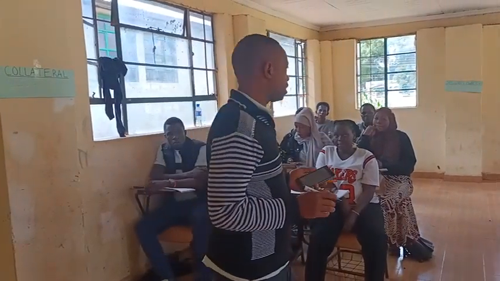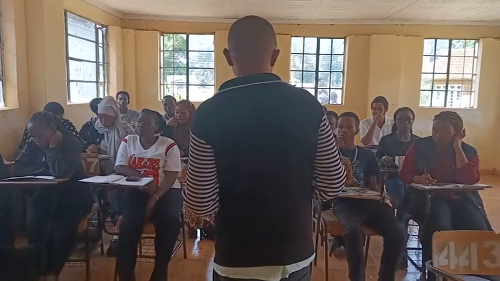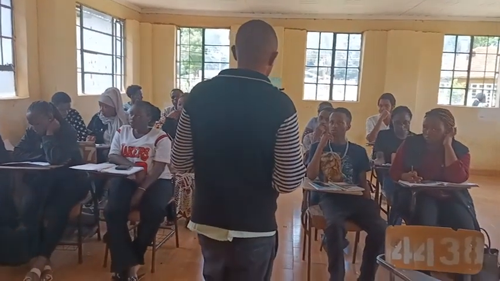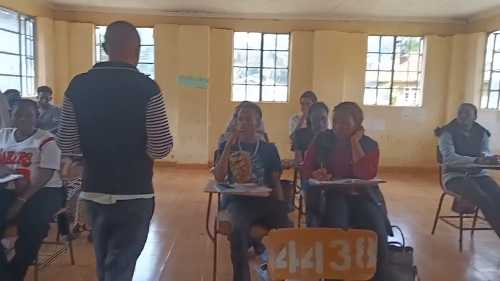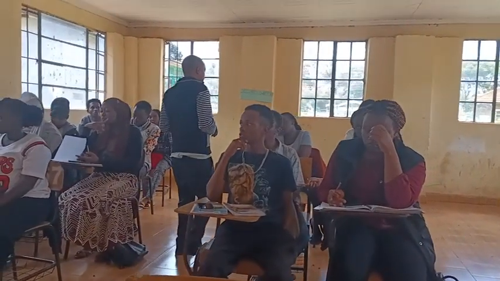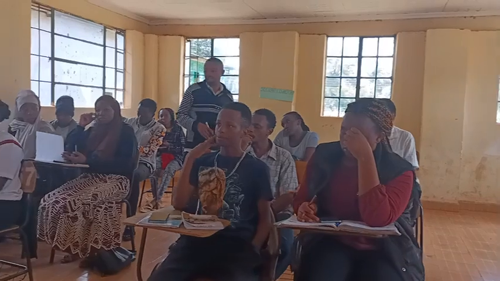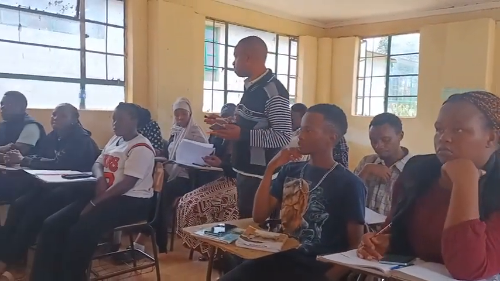All those answers are correct. We said that a collateral is an asset, be it tangible or intangible, that a borrower pledges to secure a loan. Is it okay? Any question on collateral? No.